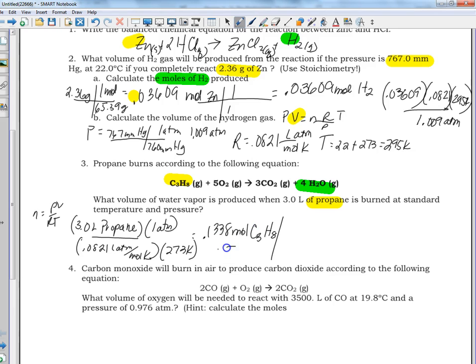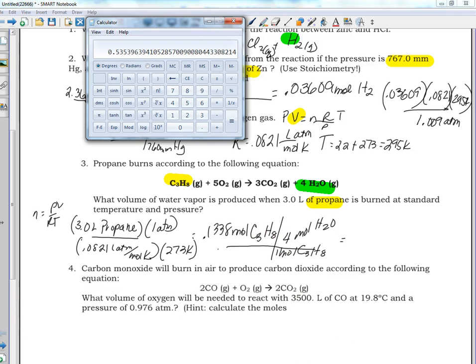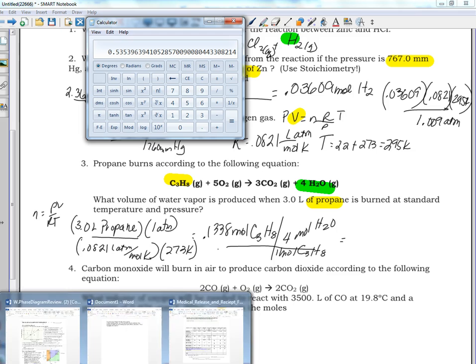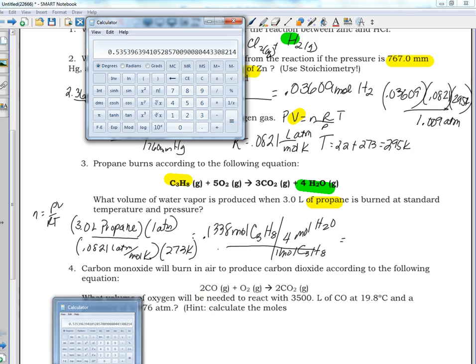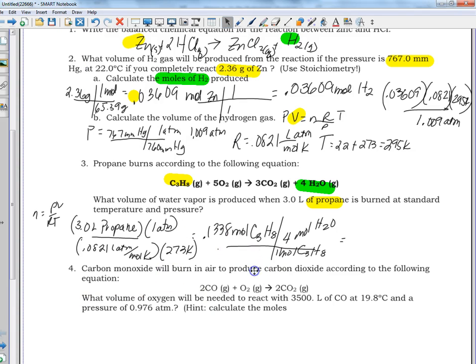What is my ratio of propane to water? Well, it's a 1:4 ratio. So I'm just going to take that value, multiply by 4, and I get 0.5354 moles of water vapor.